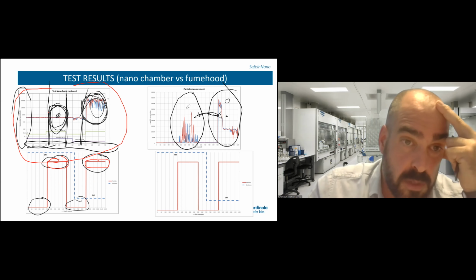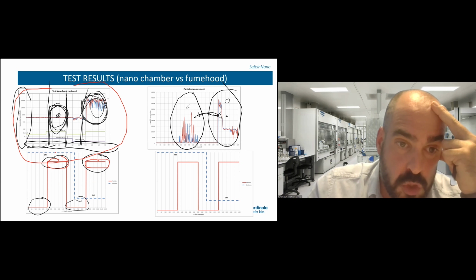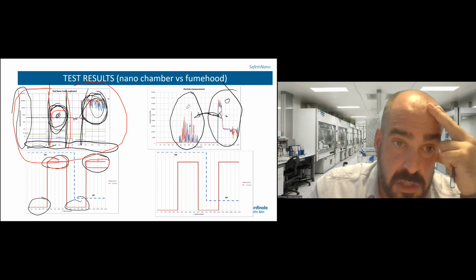If we see the results, when we switch on the nanochamber and start injecting nanoparticles, on this side of the graphic we detect that there are no particles outside.